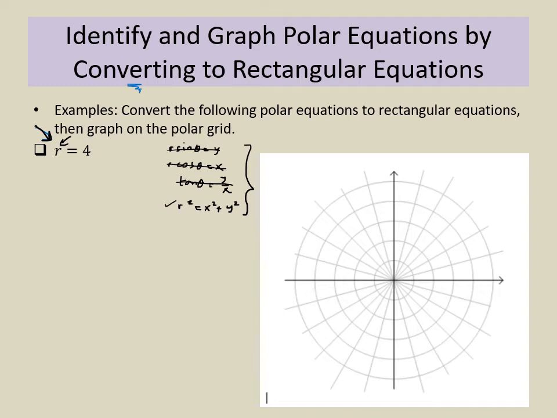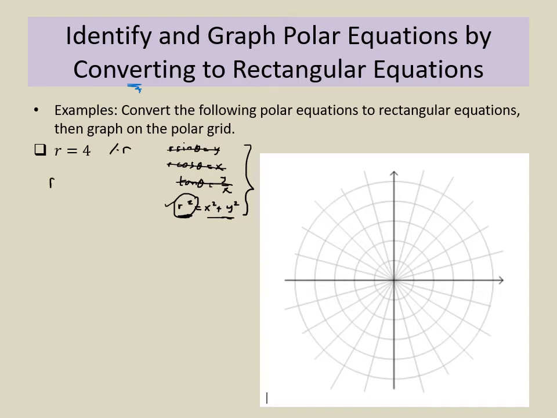What's the problem? Well, the problem is our equation has just r. For us to convert into x's and y's, we need an r squared. So what can we do to get r squared? Well, there's two things you can think about. You can say, well, if I want to get r squared, I can multiply both sides of the equation times r. Well, not a bad way to think about it.